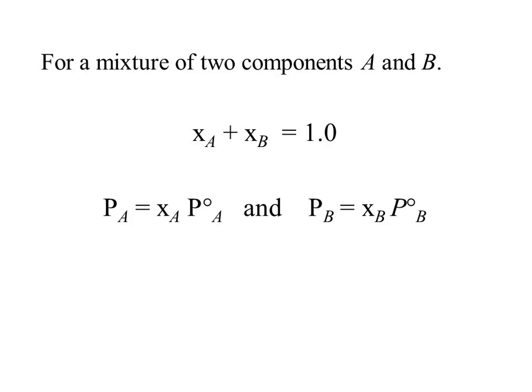According to Raoult's law, and actually this would be that middle criteria on the previous slide, the partial pressure in each case is their mole fraction, how much is present, times the equilibrium vapor pressure of their pure substance. Okay, so you can get the individual partial pressures. And of course, the total pressure is equal to the sum of those two partial pressures.